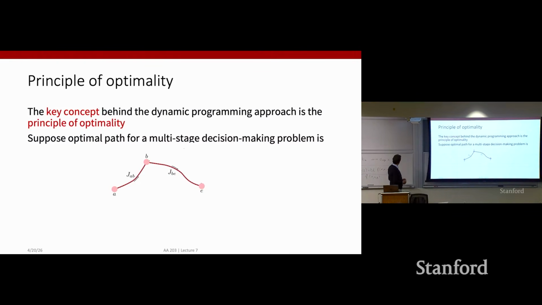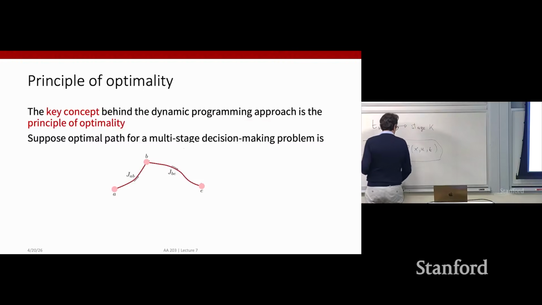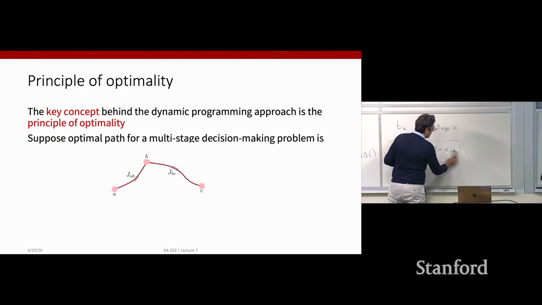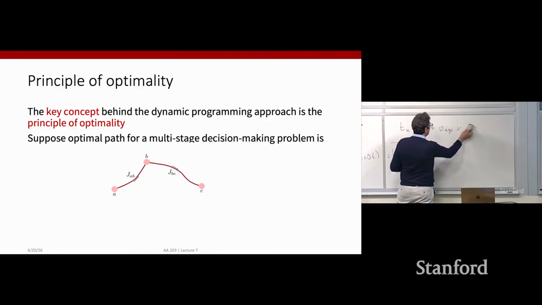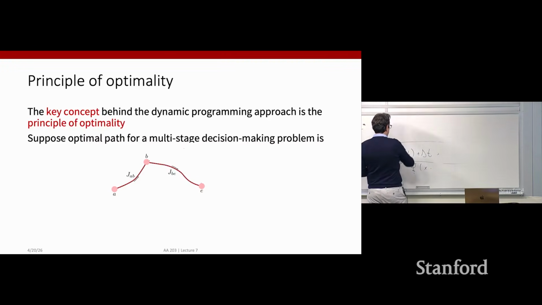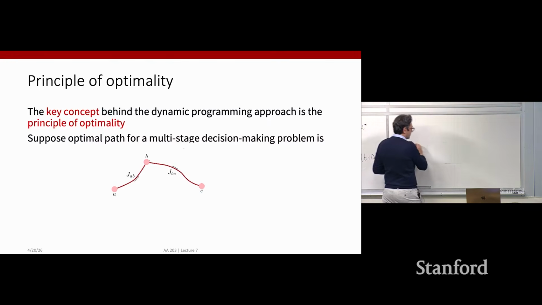So let's assume that we want to solve an optimal control problem that is abstractly represented as finding some path in some space.